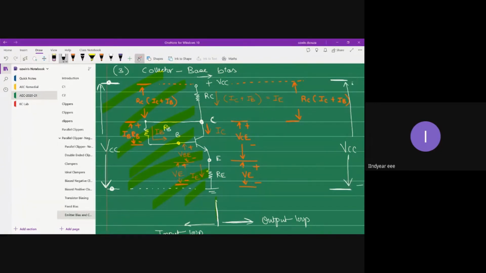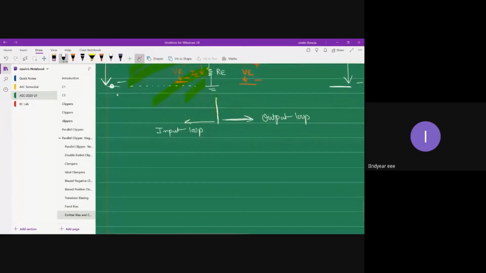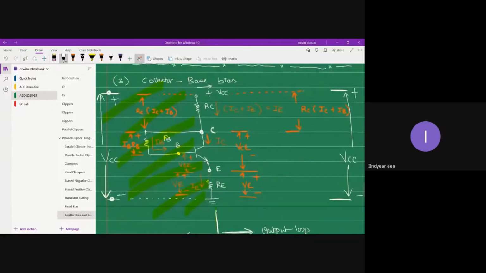Minus, plus, minus, plus. Now let me apply KVL in the base emitter loop. When you apply KVL in the base emitter loop, you will get the summation of potential differences or drops across RC, RB, RE, as well as the terminal voltage VBE.